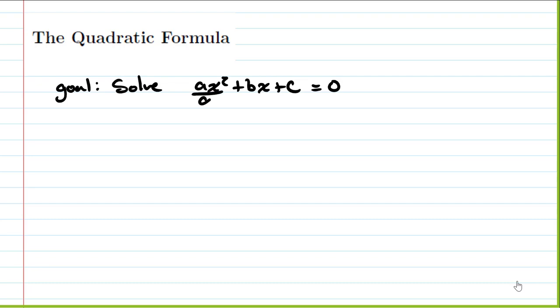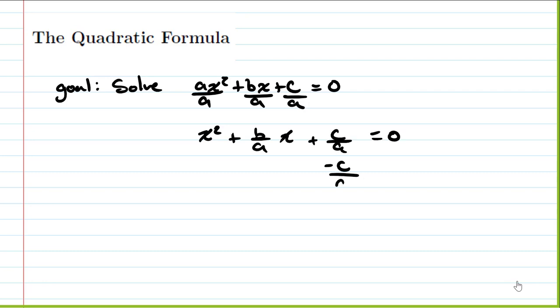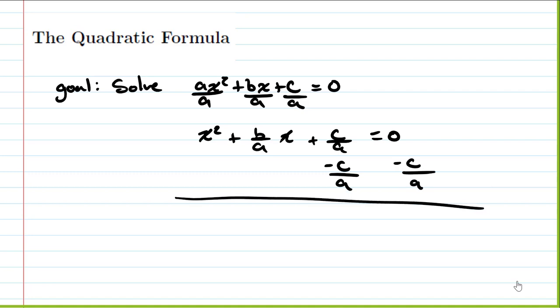So the first thing he did is he divided everything by a, and that gave us x squared plus b over a x plus c over a equals 0. He then subtracted c over a from both sides, giving x squared plus b divided by a x is equal to negative c over a.